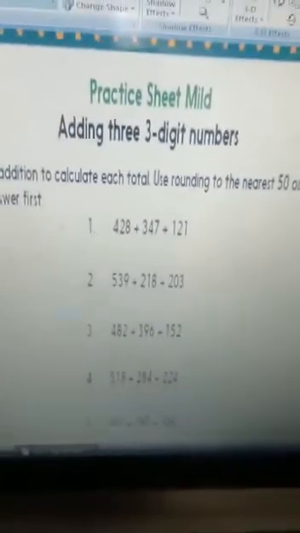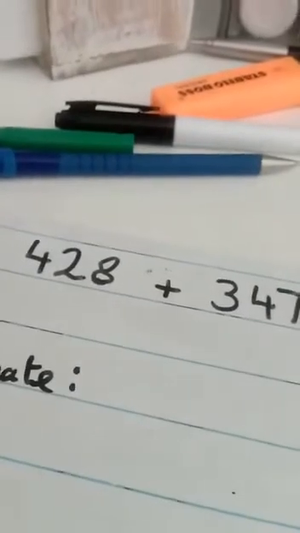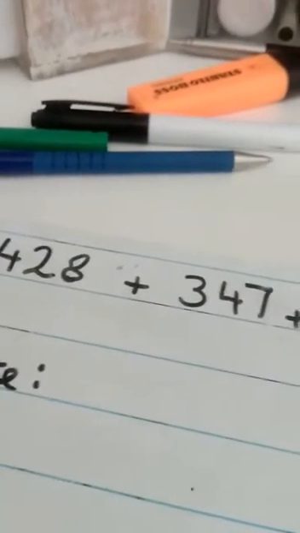Going down. So we've got the practice sheet for the mild, adding 3 3-digit numbers. So if you look at the first one, 428 plus 347 plus 121. So if you're looking at these numbers, first of all we can round these numbers up to the nearest 50 or nearest 100.